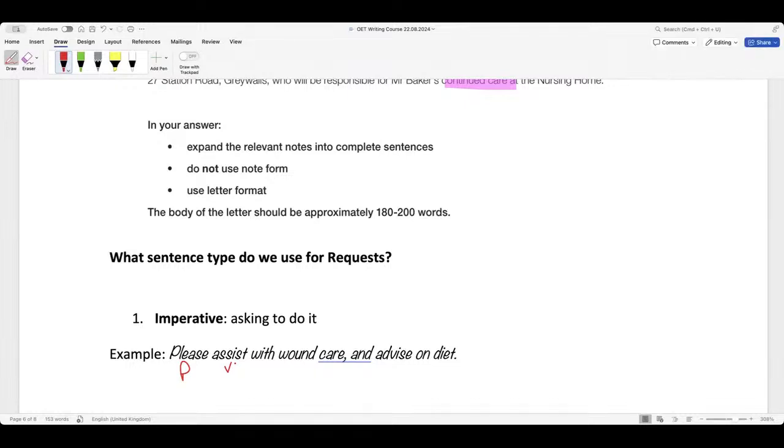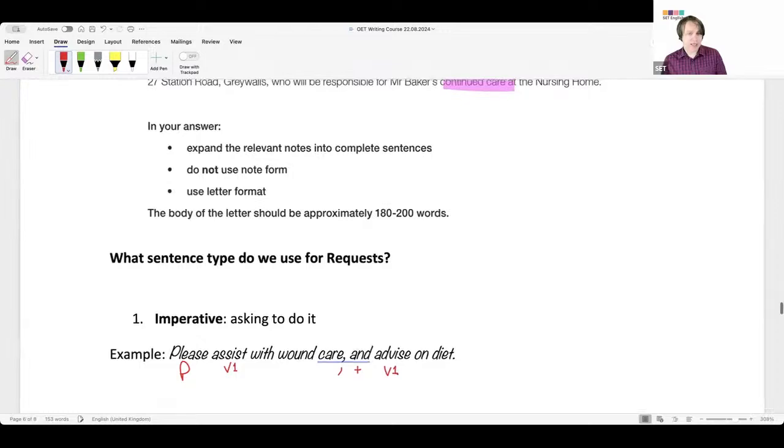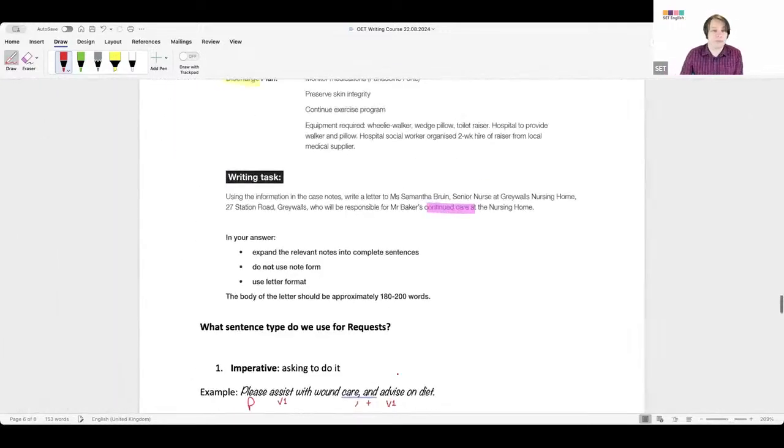That's called verb 1. Please eat. Present simple. And then we've got comma, advise. Then we've got the conjunction, and then we have verb 1.